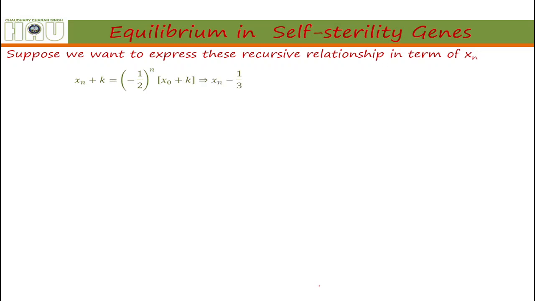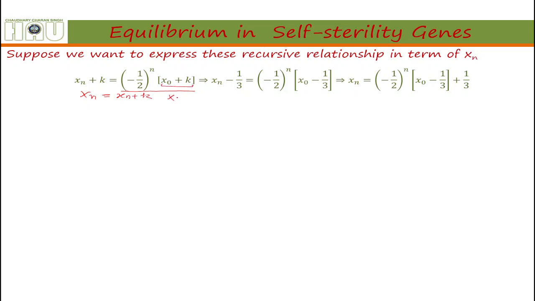Xn plus k is nothing but minus half raised to power n times x0 plus k, because the capital Xn is nothing but xn plus k, and this x0 plus k is nothing but capital X0, which is equal to x0 plus k.